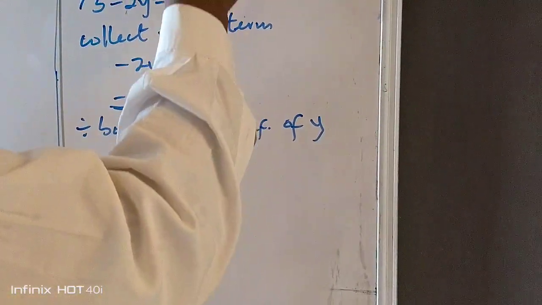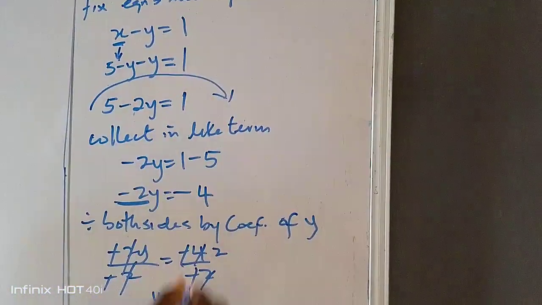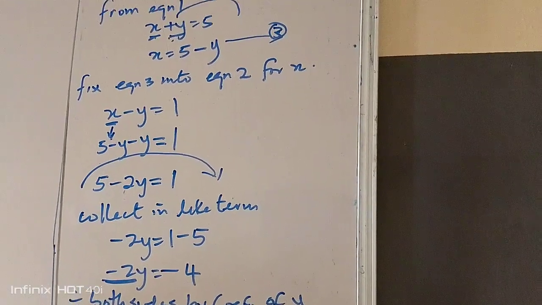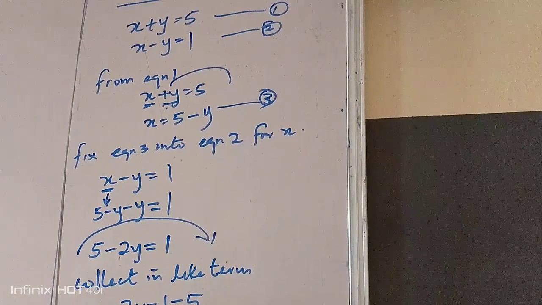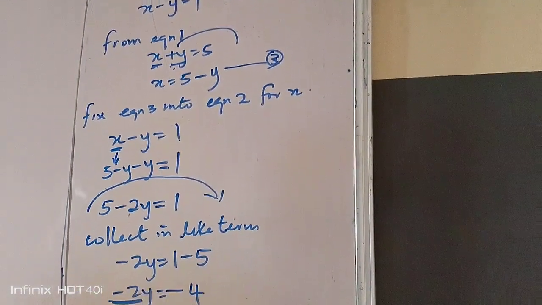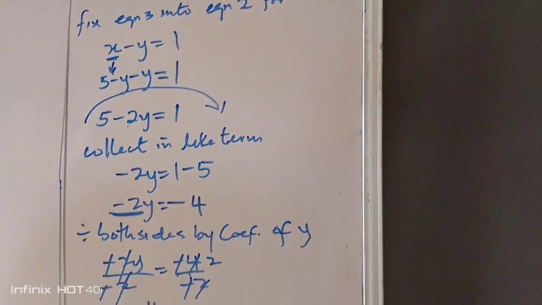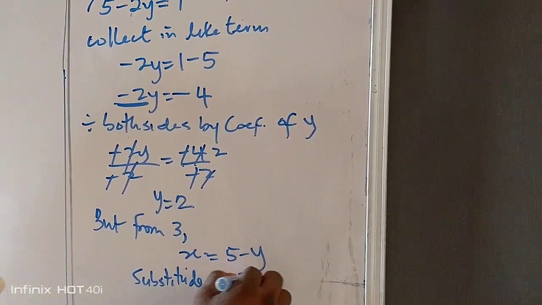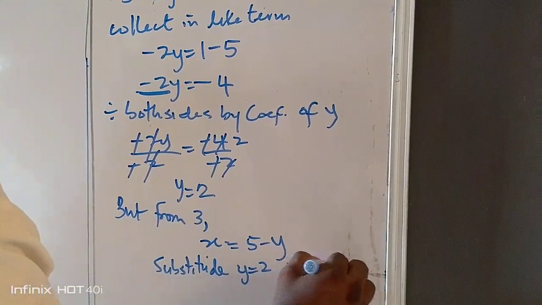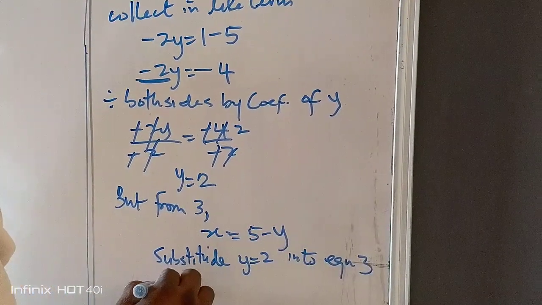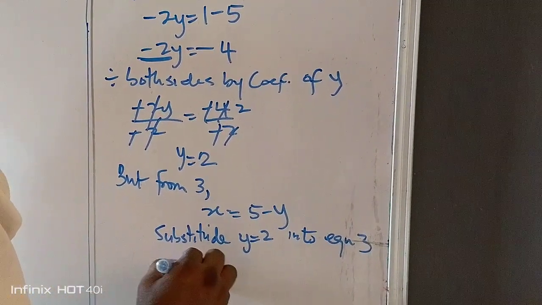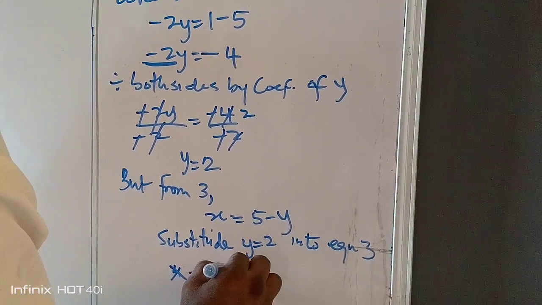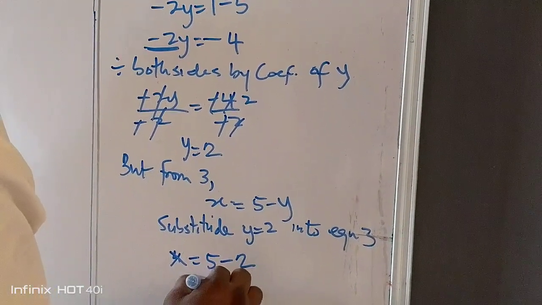But from equation 3, where is it? Equation 3, x is equal to 5 minus y. So I will substitute y equals 2 into equation 3. That gives me x equals 5 minus 2, which gives me 3.